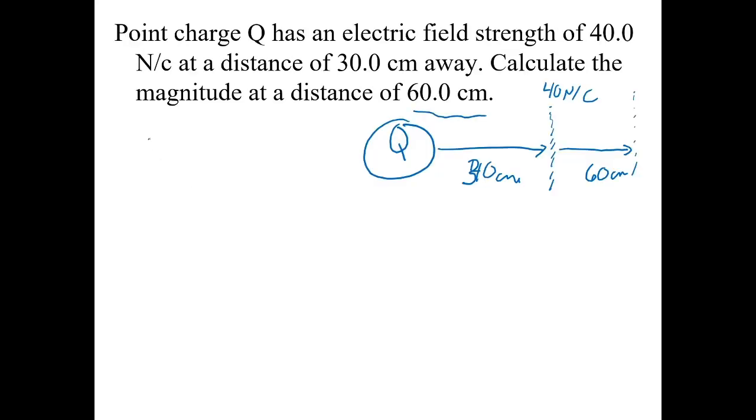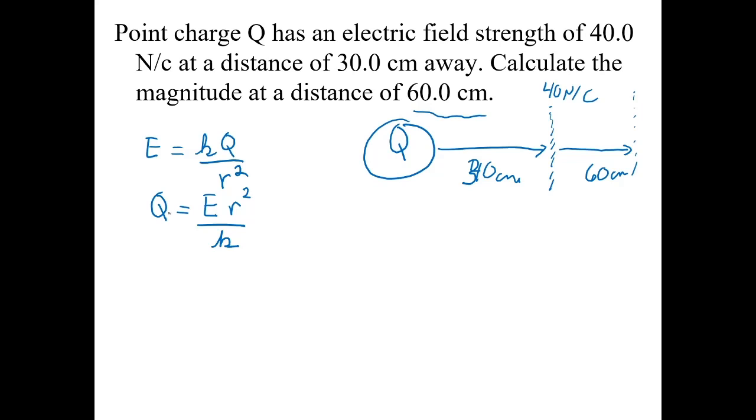So let's see what's going on. E equals kq over r squared. Now we have a couple of options here. I think we're going to solve it for q. So q is E r squared over k.